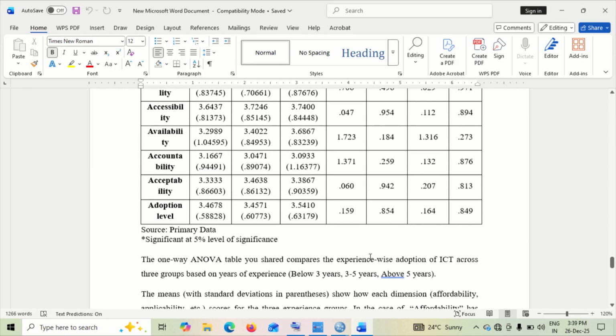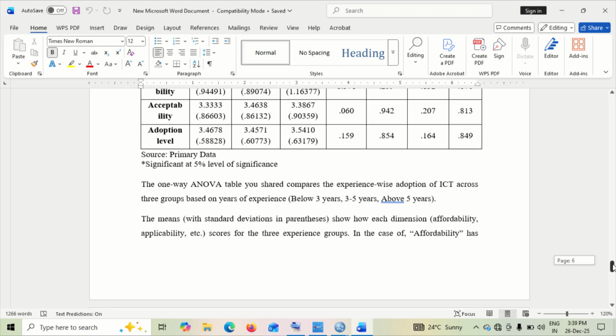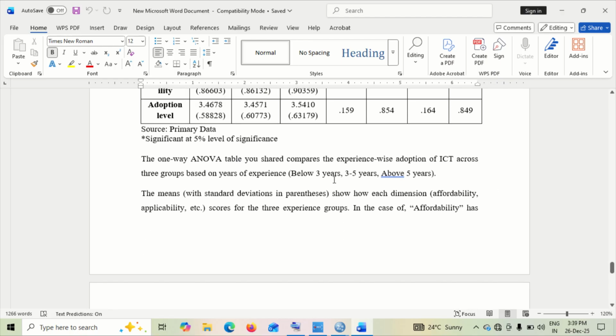Then the source is primary data. One star denotes significance at the 5% level of significance. Then the interpretation is that the one-way ANOVA table compares the experience-wise adoption of ICT across 3 groups based on years of experience, that is below 3 years, 3 to 5 years, and above 5 years.